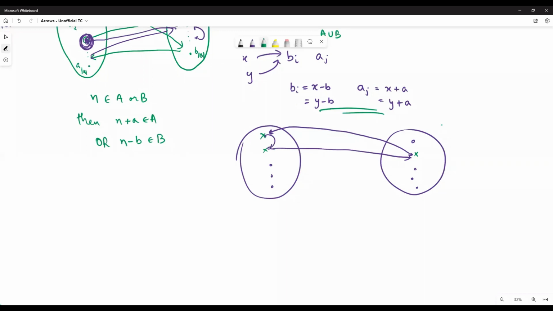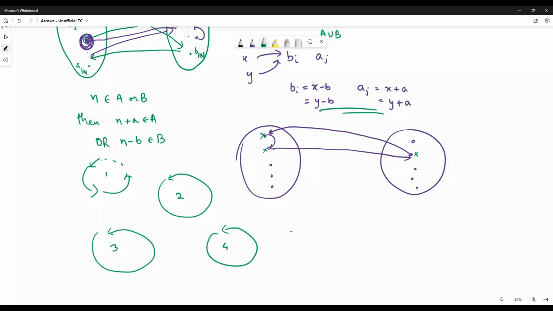The other part would also have a cycle. We have a bunch of cycles. Yeah, exactly. One cycle here, this is the first cycle, this is the second cycle, the third cycle, the fourth cycle, and so on until we exhaust all the numbers.